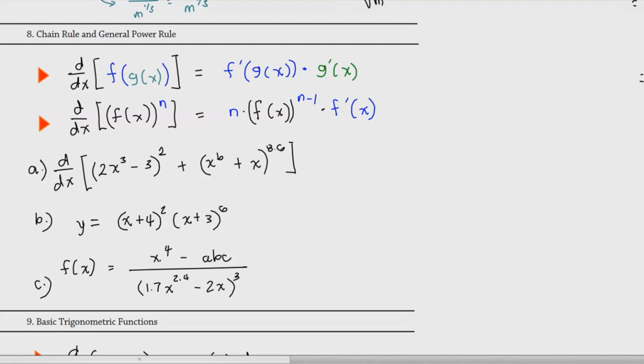So anyway, let's have this. For the chain rule, we have the derivative of f of g of x. This f of g of x is actually a composition function. When we take the derivative of that composition of functions, you need to take the derivative of this whole function here. We express this whole function here as f of x. You take the derivative of that, and then you take the derivative of what is inside.